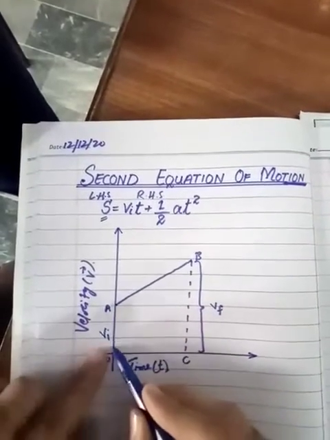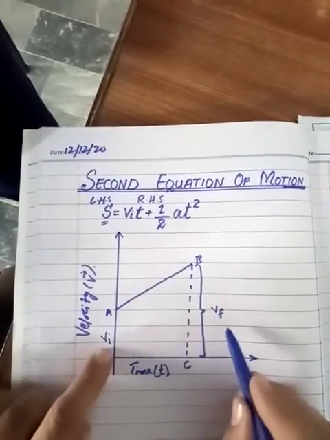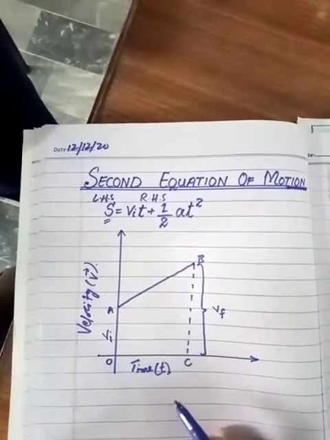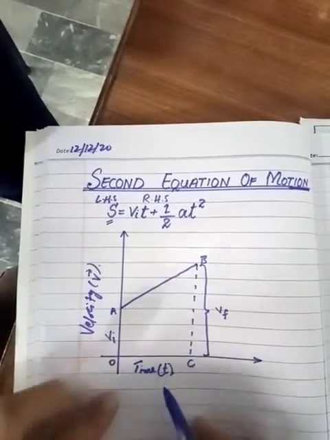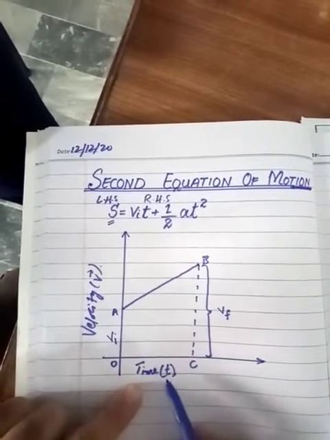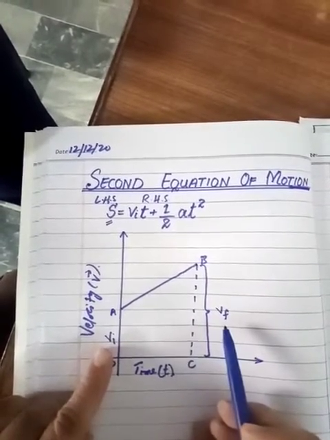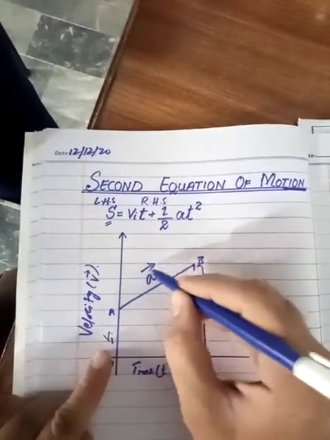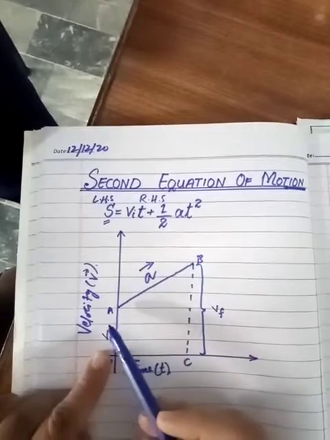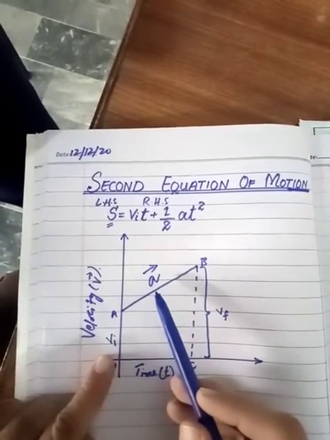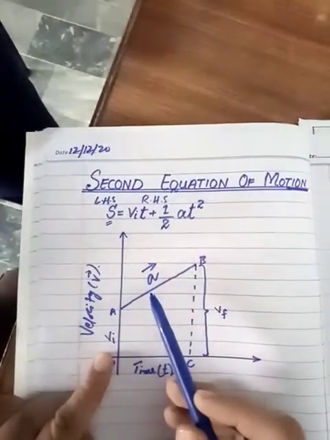Here you can see that there is a change in velocity, initial velocity and final velocity, with respect to time. As we know, rate of change of velocity, that is change in velocity with the passage of time, is known as acceleration. So the slope of the graph, which is AB, represents the acceleration of the body.